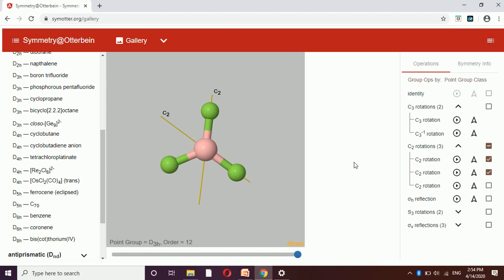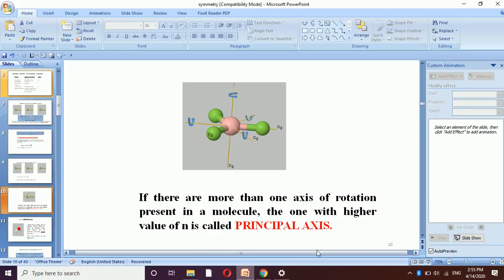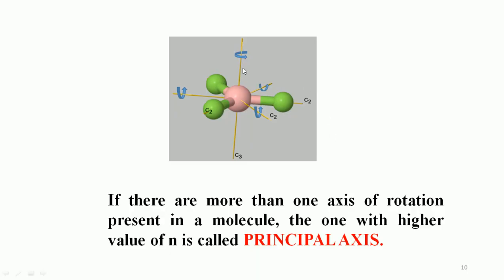So that's again another C2. In the same way, you have one more C2 in the molecule like this. So in the case of BF3 molecule, you have a C3 axis and 3 C2 axes. They are passing through boron and each of the fluorine atoms.